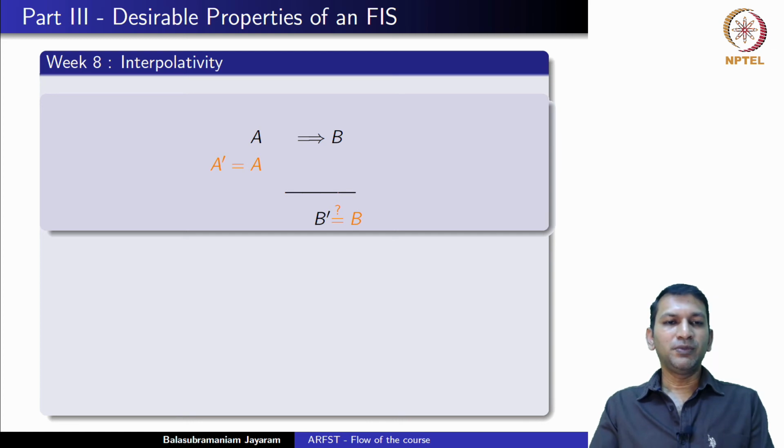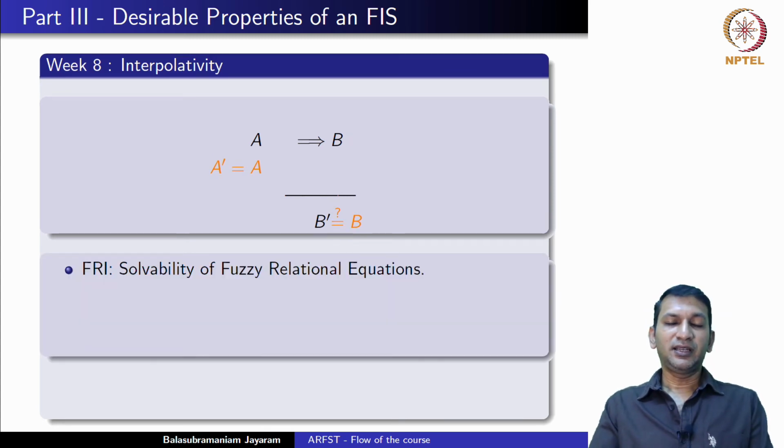Now, there are two major schemes of fuzzy inference systems, the fuzzy relational inference and the similarity based reasoning. We will discuss interpolativity of both these major schemes of inferences. You will see that to discuss interpolativity in the setting of fuzzy relational inference deals with solving fuzzy relational equations.